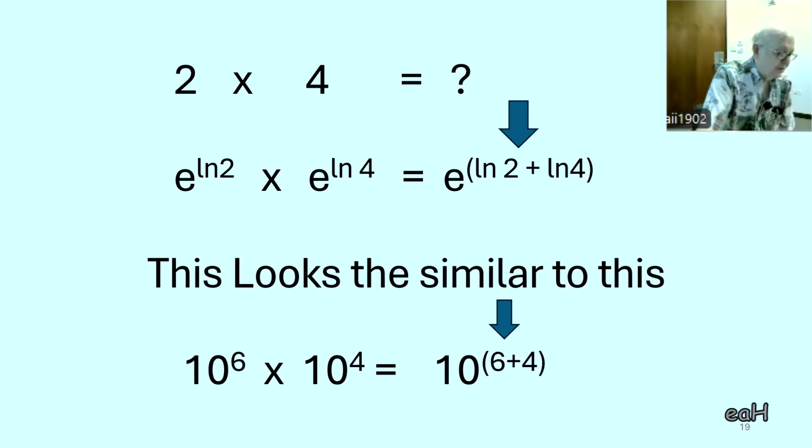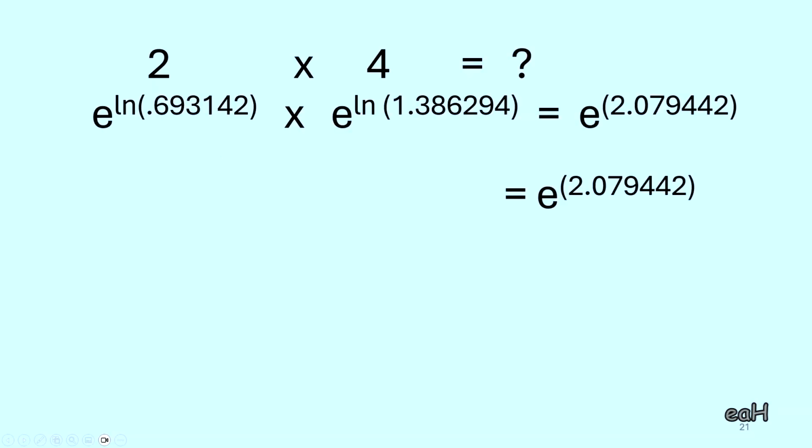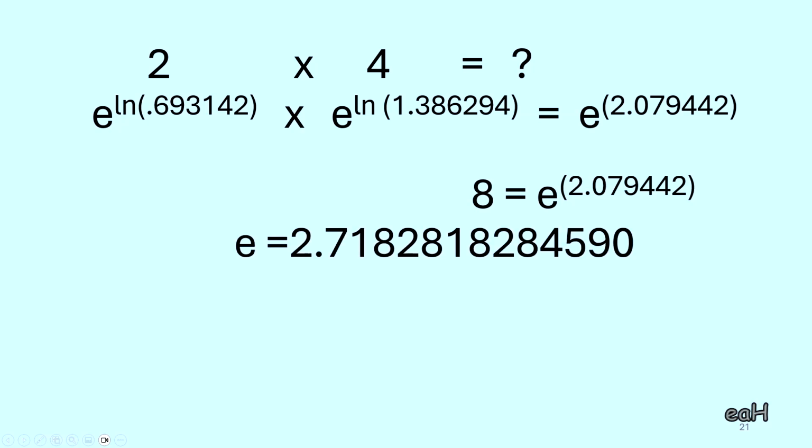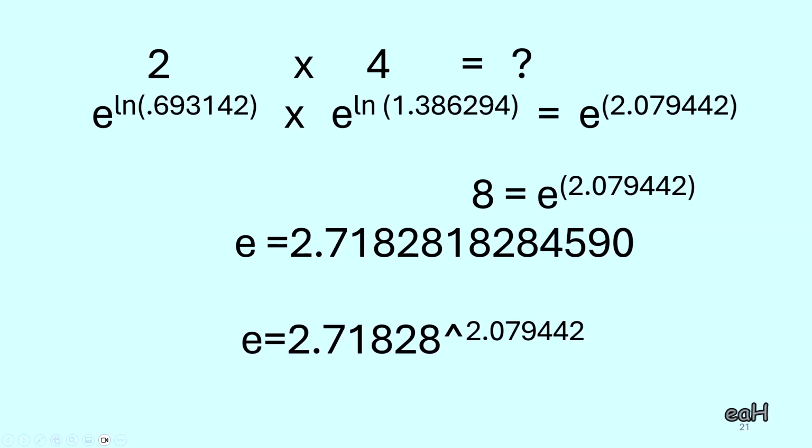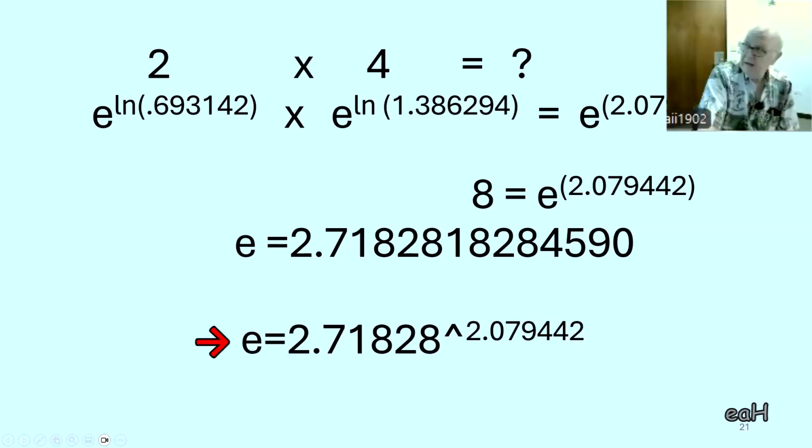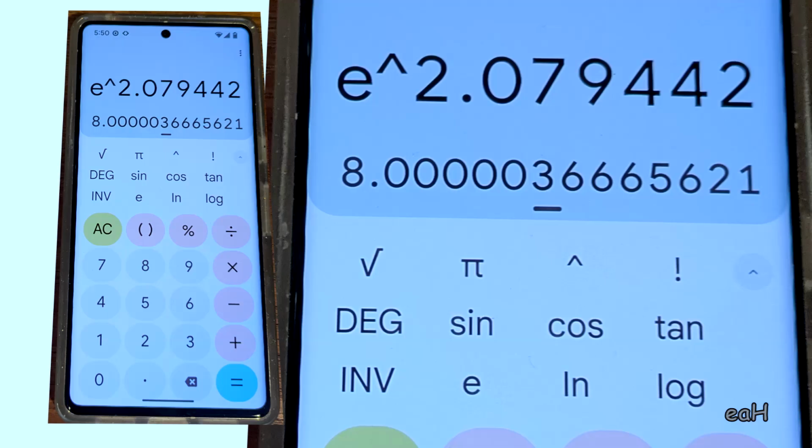We're adding exponents, and this is what we get. We add it up. And so what is e to the 2.079442? We all know that it's 8, and e equals this long number, 2.7182825. And so if you write it out, how do you figure this out though? How do you do that? There you go.